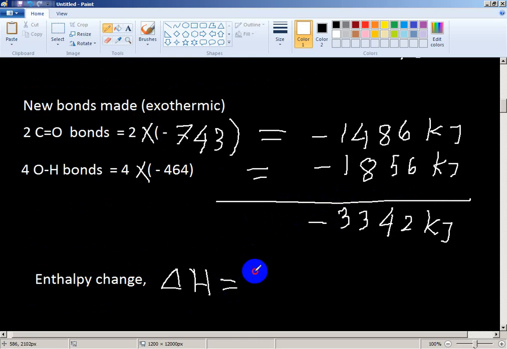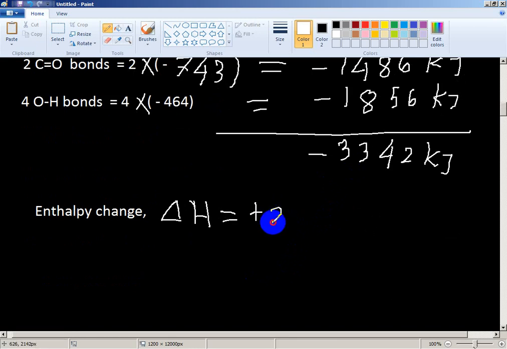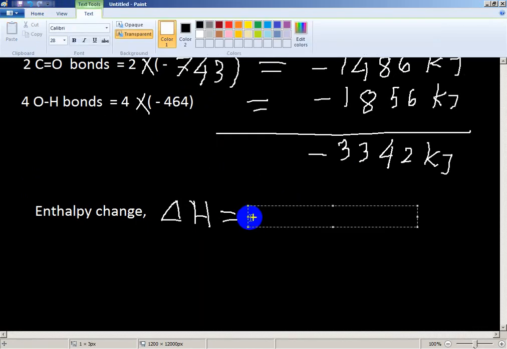Okay, so it is 2648, plus 2648. Okay, then plus this energy, bond formation energy.